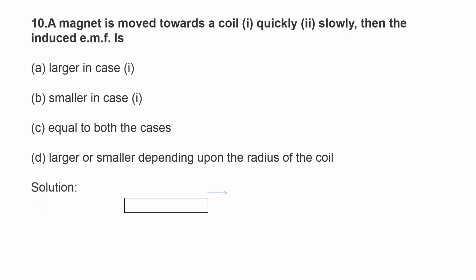Here the magnet is moved towards a coil. In the first case that magnet is moved quickly.